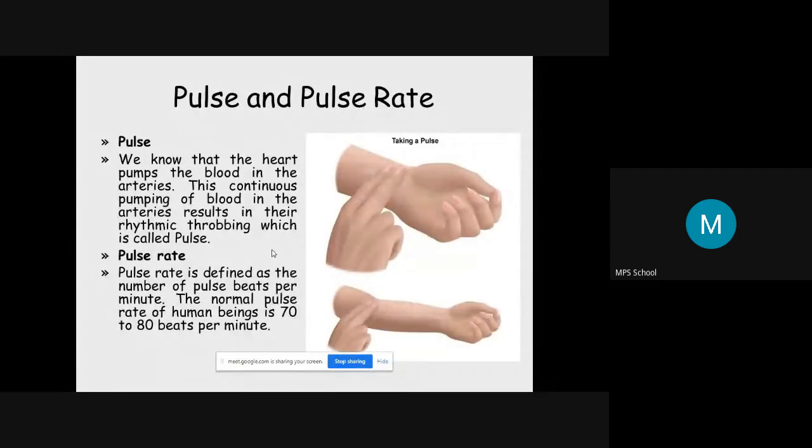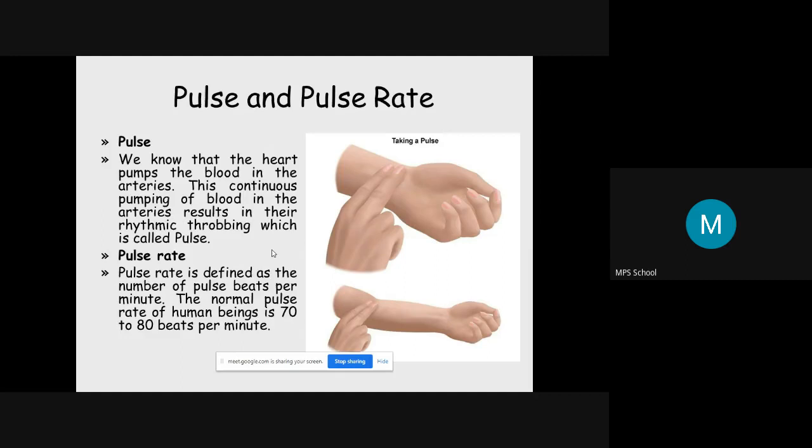This continuous pumping of blood in the arteries results in their rhythmic throbbing, which is called a pulse. Pulse rate is how many times per minute the heart pumps. Normally for a human being, it should be 70 to 80 beats per minute.